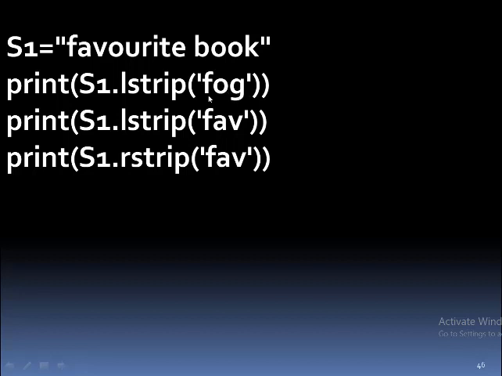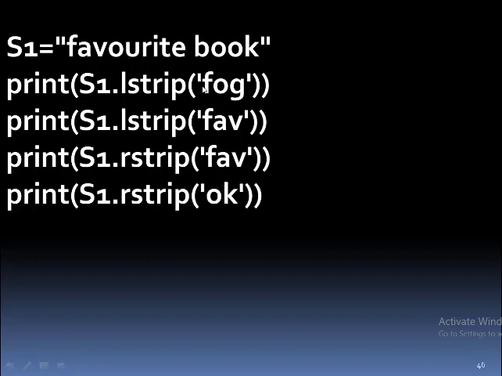It will take only F, only O, only G, FO, OG, FG, or FOG, or GOF, or OFG, or OGF. So if any of these combinations are present on the left hand side, it will be removed. Similarly here, FAV from the left hand side, so it is here, so it will be removed. Right hand side FAV, nothing is here. Any combination of these three characters is not present on the right hand side, so nothing will be removed.